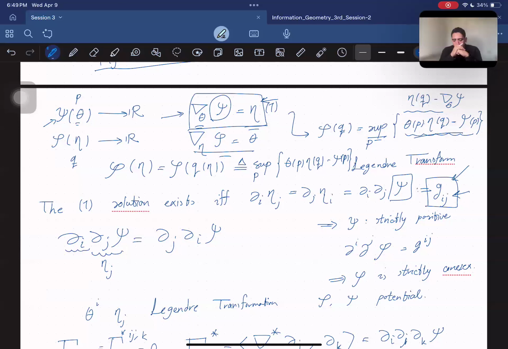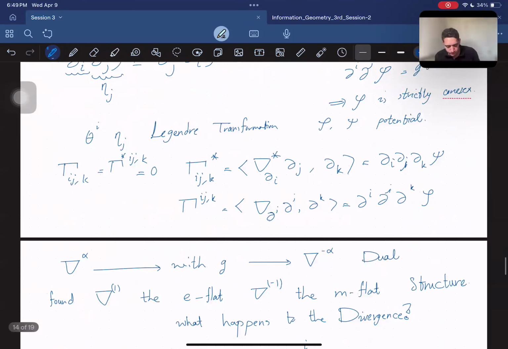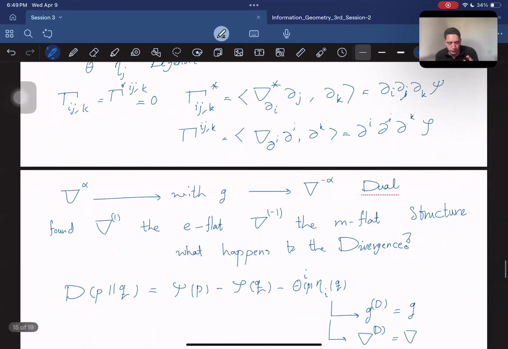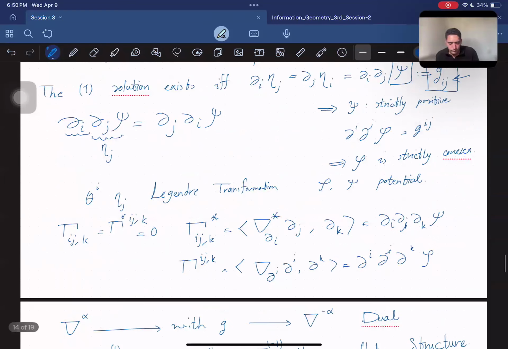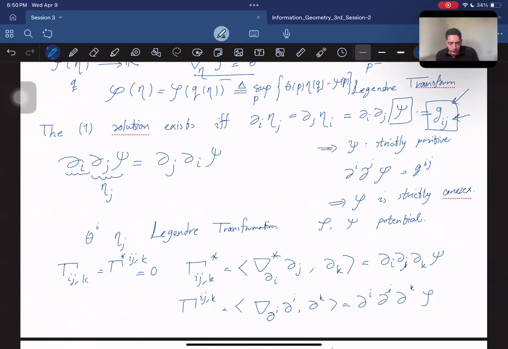Okay. Now we have two coordinate systems and two functions that translate each coordinate system to the other. And we already know how to find them. Okay. What's the relationship? So we have the psi. Now we can find the connection and everything. Take a look at the second derivative of psi. You have the Riemannian metric.